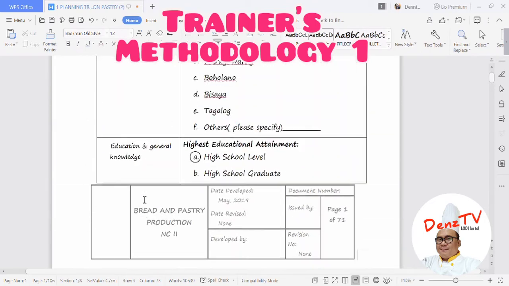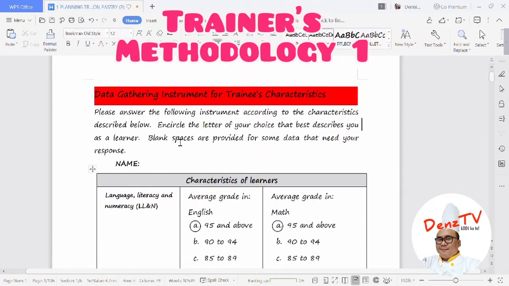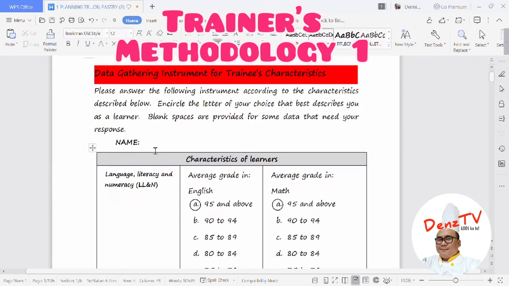Now encircle the letter of your choice that best describes you as a learner. Blank spaces are provided for some data that need your response. Meaning you have to encircle the letter of your choice, and then the name here.